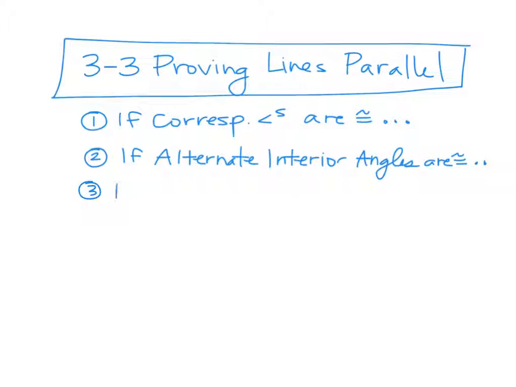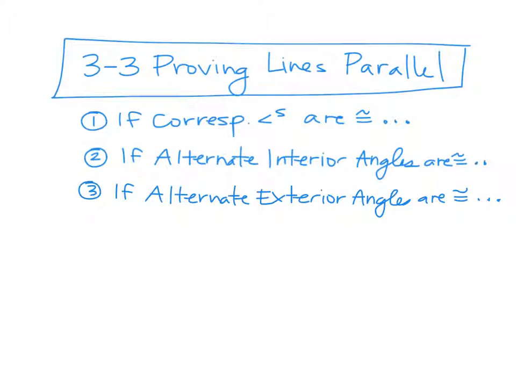The third one says if alternate, I almost did it, sorry. Alternate exterior angles are congruent, dot, dot, dot. And the fourth one is if same side interior angles are what?